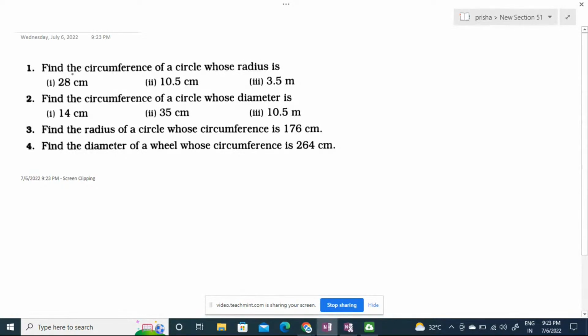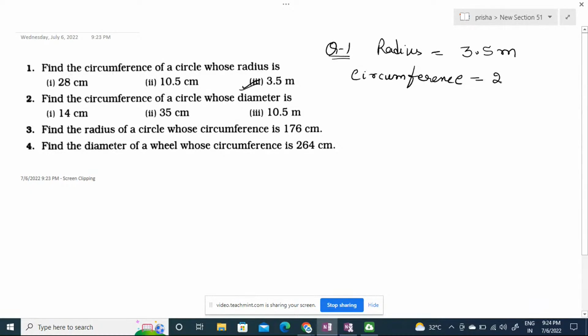First question. Find the circumference of a circle whose radius is given to us. For circumference the formula is 2 pi r. Question number 1. Here the radius of the circle is given to us, 3.5 meter. Now we have to find the circumference of the circle.